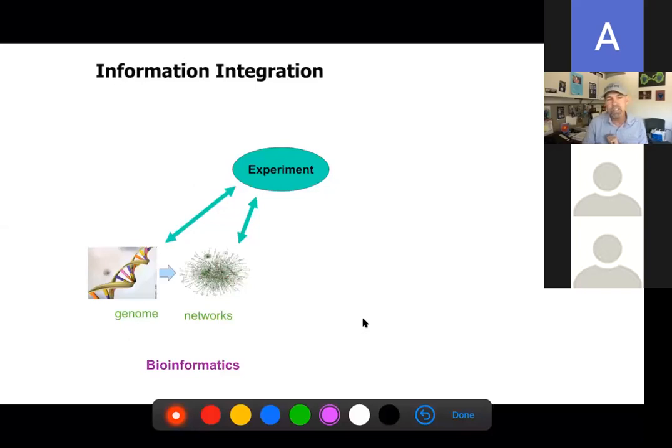And I see three main ways in which computation is integrative in biology. And the first way is essentially information integration. And this is what we think of as classical bioinformatics.